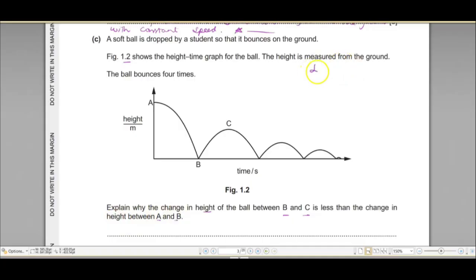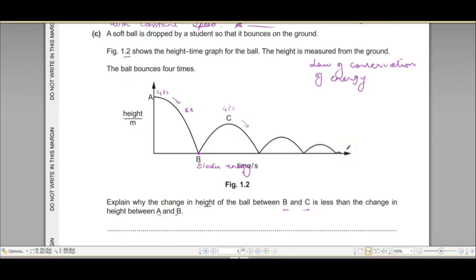Now, we know that according to the law of conservation of energy, energy can neither be created nor destroyed, it just converts into another form. So over here it had fallen from some height, so obviously it had gravitational potential energy, and since it was moving, the gravitational potential energy stored was being converted into kinetic energy, and then when it bounced over here, some of it was converted into elastic energy as well, and then it again went up and gravitational potential energy would have converted into kinetic energy, and so on.